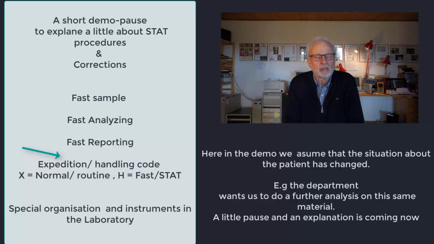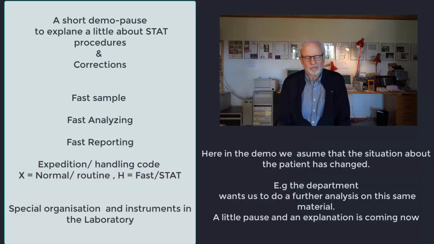Furthermore, with regard to organization of the lab, you could divide the laboratory into what you call a routine lab and an acute stat lab. As I said before, the process can be divided into three: sampling, analyzing, reporting. Reporting is perhaps the procedure which is the easiest to optimize.